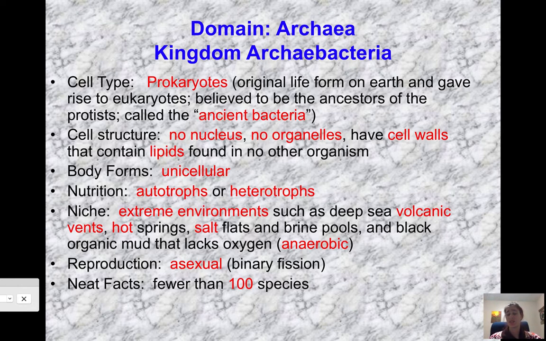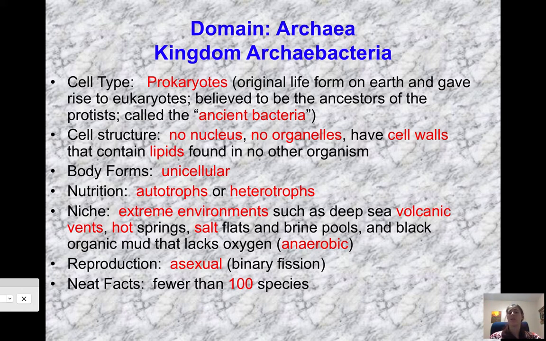Archaea just means ancient, so these are these ancient bacteria that have been around for a really long time. It's sort of thought that a lot of our living organisms that we have today have evolved from Archaeobacteria originally. They don't have a nucleus, no organelles, but they do have a cell wall, they have a plasmid, they have lipids, so they do have some things that normal cells do have, they're just not as complete.